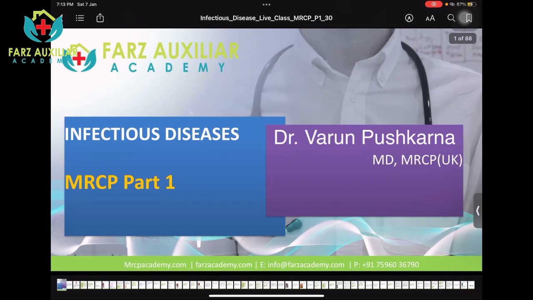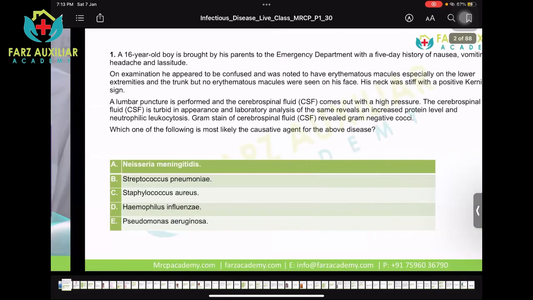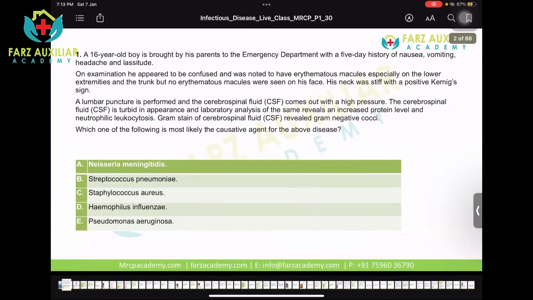So the antibiotics or the chemotherapy that is given, you must be aware that antibiotics are a kind of chemotherapy. Questions based on therapeutics of infection will also be asked under the heading Infectious Disease in MRCP part 1.